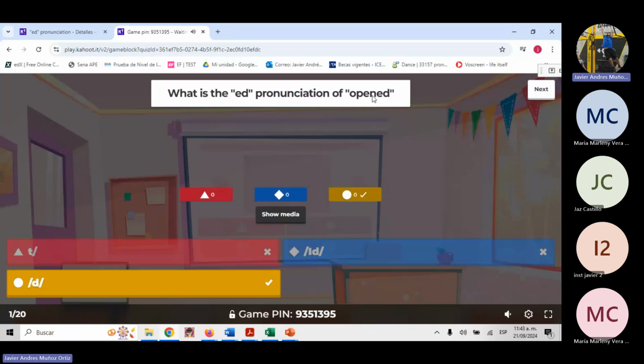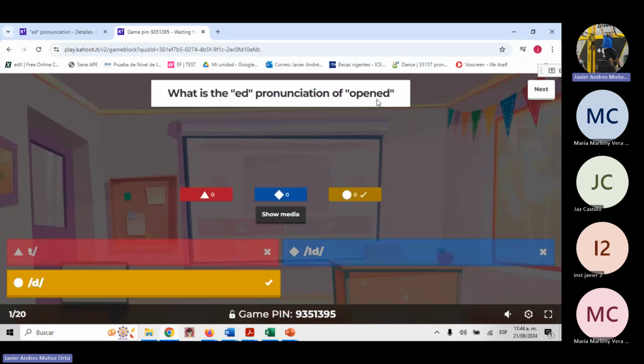La palabra abrir. La N, el último sonido del verbo, si usted se toca la garganta, va a generar vibración en su garganta, ¿cierto? Y lo que vamos a hacer es relacionar sonidos que generen vibración con otros sonidos que también generen vibración. Por otro lado, vamos a relacionar sonidos que no generen vibración con otros sonidos que tampoco generen vibración. En este caso, open, si yo alargo un poquito el sonido de la letra N y me toco la garganta, eso ayuda mucho. ¿Cierto?